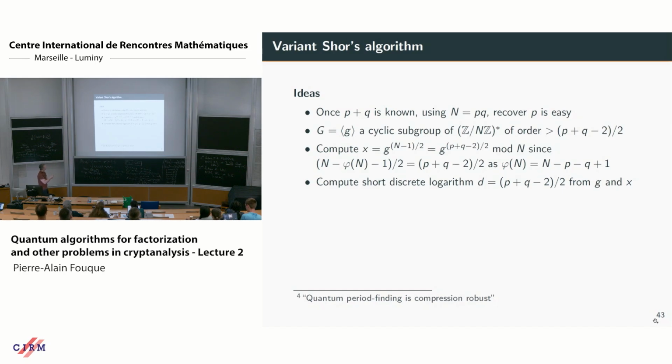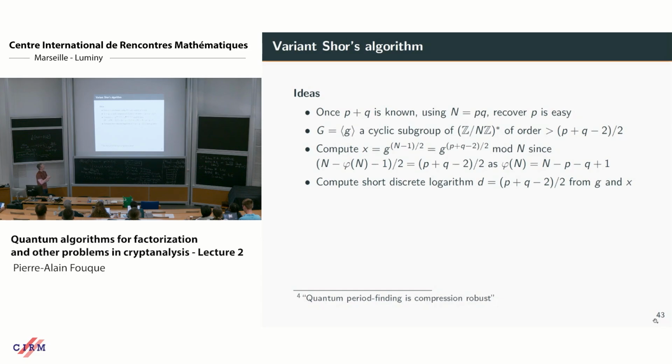If I raise g to this exponent, in the exponent I can remove some multiple of phi of n, because it will not change the value, since phi of n is divisible by the exponent of the group. Trust me, it will be the case. So the output of the discrete log here will be this value.